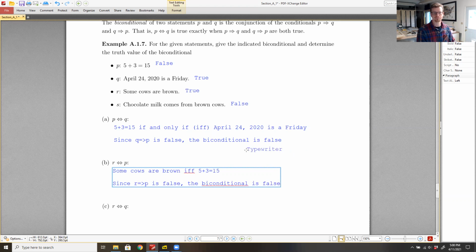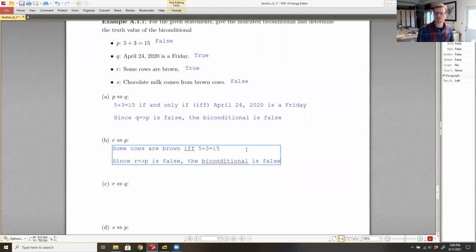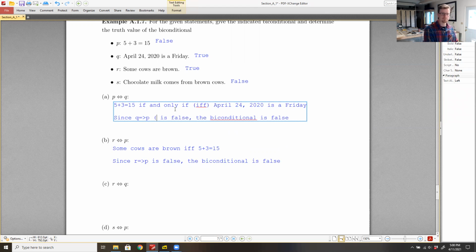There's a different way we could have written each of these, and maybe we want to do that. It's nice if we want to leave it in the same order, so P and Q, in this case. The reverse direction was the one that gave the problems. So we wanted to talk about Q implies P, and we could write it this way if we wanted to; that would be fine.